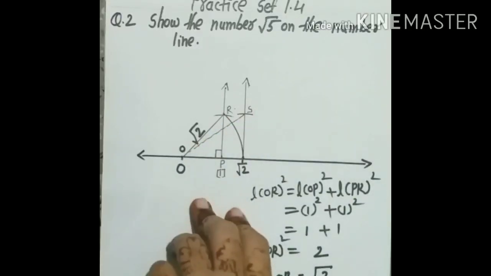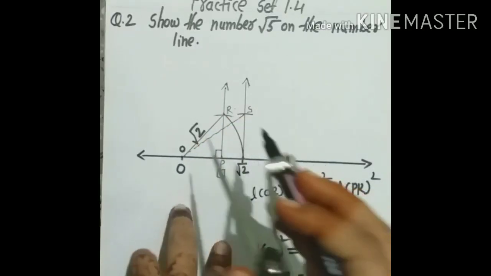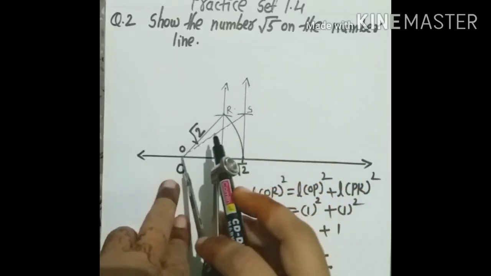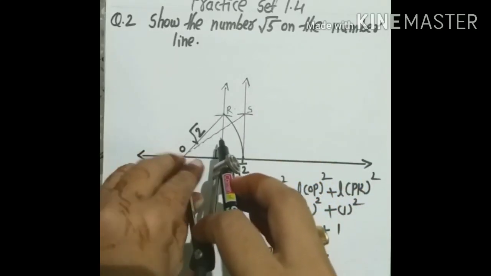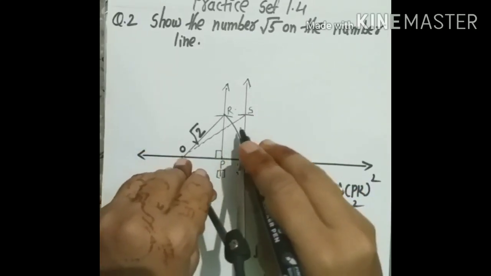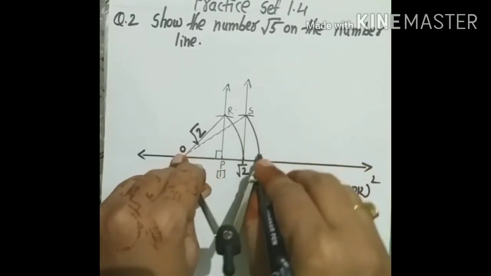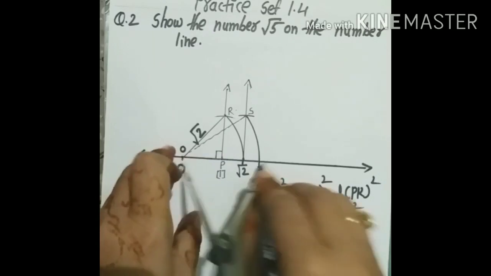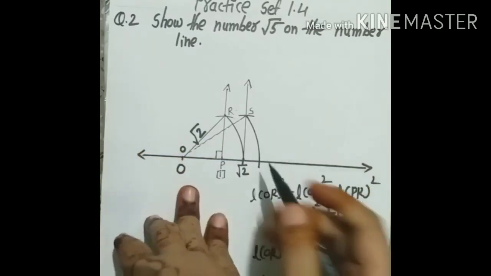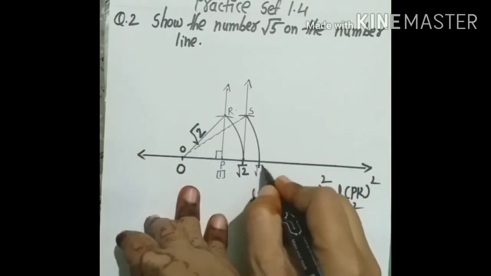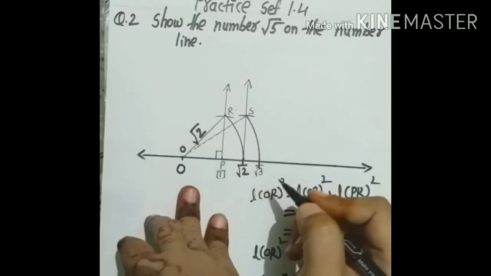After that, children, again keep your compass point on the origin O and the pencil on S and draw the arc. Now this arc intersects here. This is your root 3.